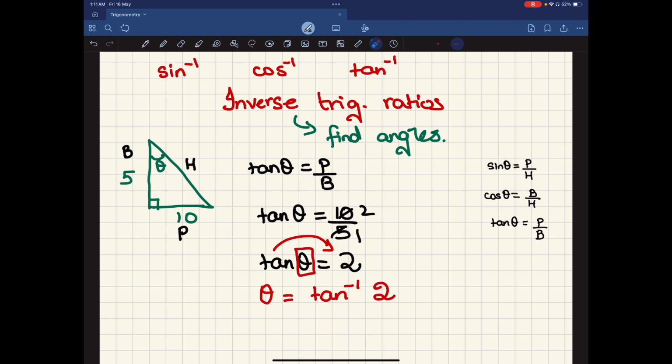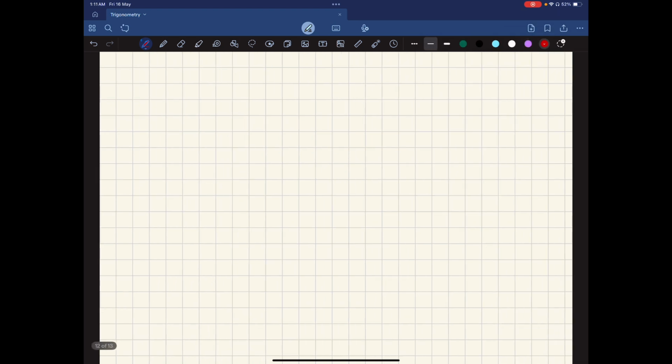So you're going to press tan inverse on your calculator, and then enter 2, and you will find the value of theta, which in this case is 63.4349, and you can round off angles to one decimal place. I hope you're not confused. Let's do another example. This is a past paper question.